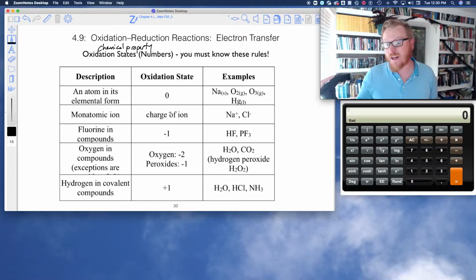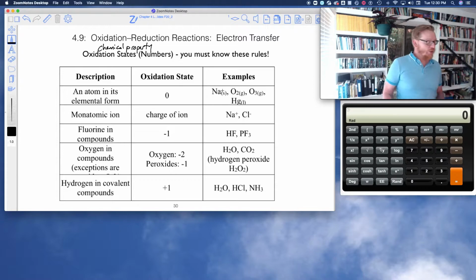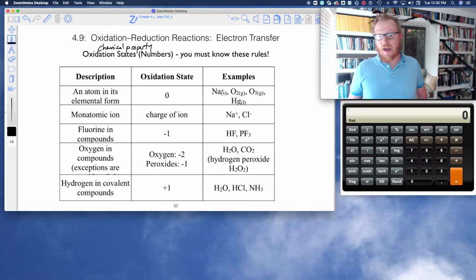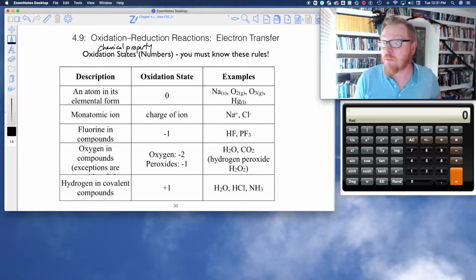So you have to know when something is in its elemental form. Well, sodium metal, for example, or for that point, any metal on the periodic table. Or I should really say any solid on the periodic table that's a metal, right? So like iron, or gold, or excuse me, that's silver.